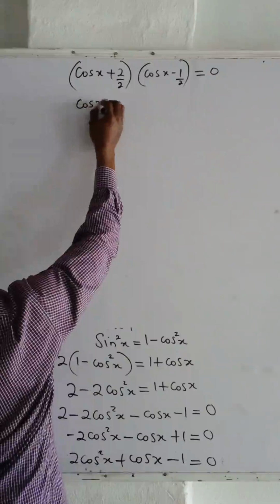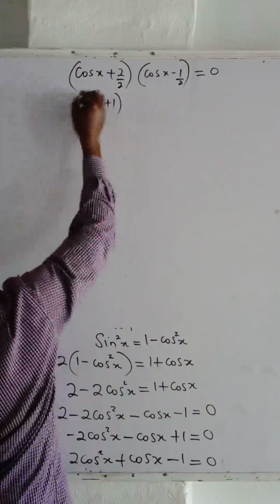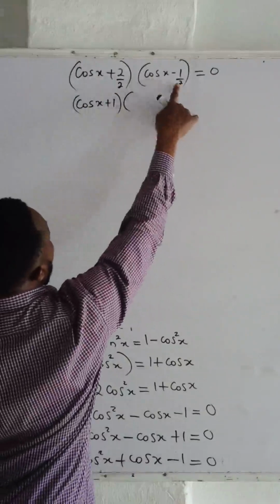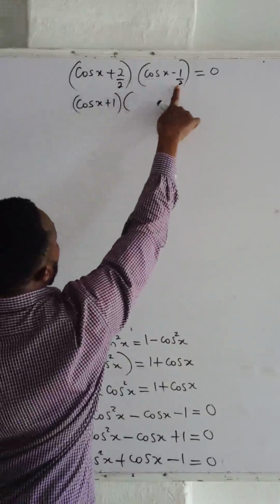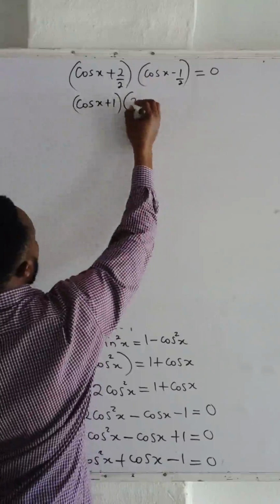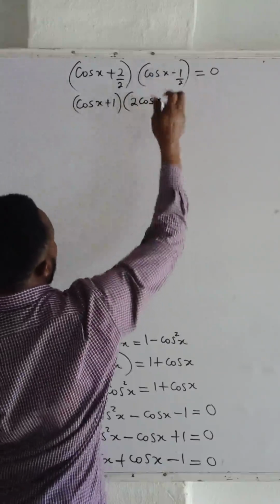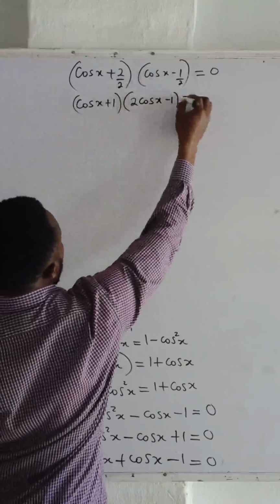This becomes cosine of x plus 1 in parentheses. Here, I will multiply this parenthesis by 2. 2 multiplied by cosine x is 2 cosine x. If I use 2 to multiply negative half, that will give me negative 1, equal to 0.